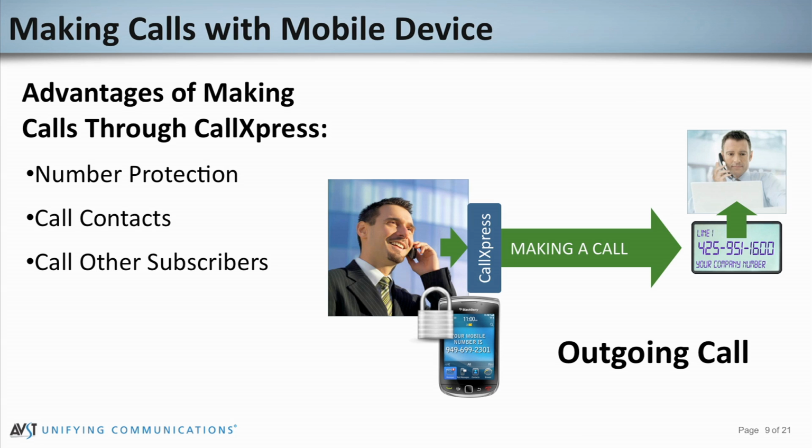So if you look at the advantages of making a call through this application, it's pretty easy to see the outcome. Mobile number protection means you will call through CallXpress to all of your customers, and what they will receive as an ANI number is the CallXpress callback number. Once again, focusing all your incoming calls in a single location that you actually manage yourself.